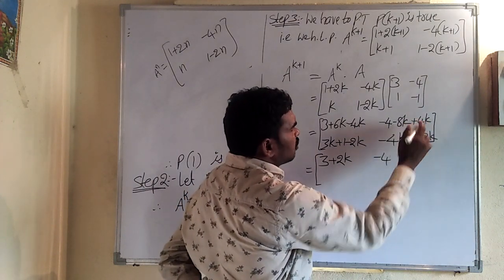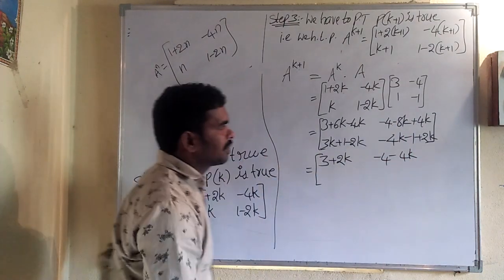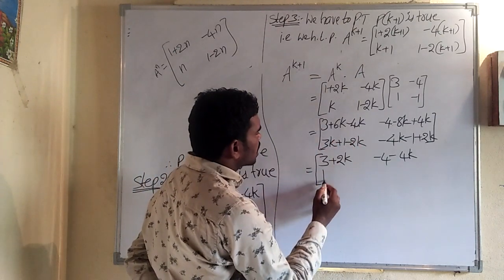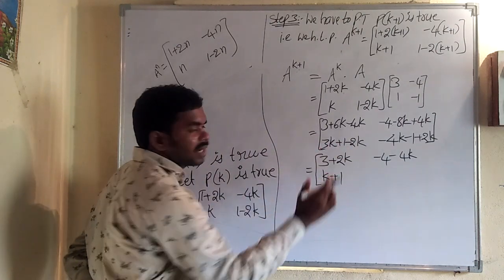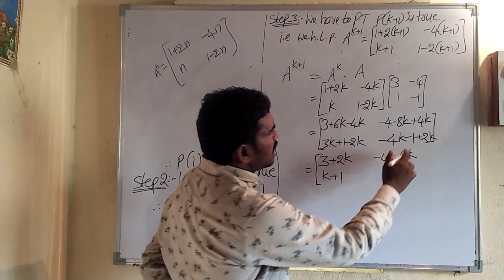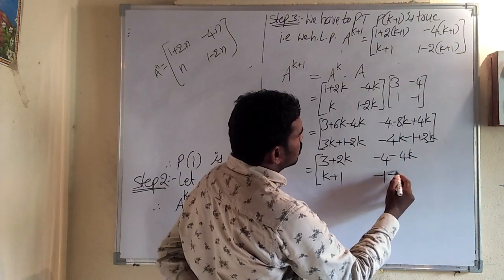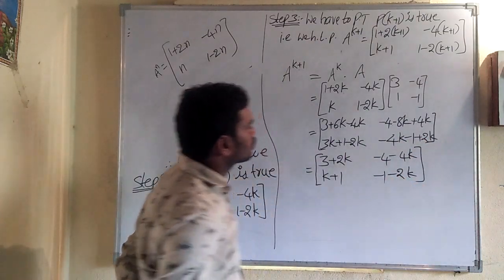Okay? 8 minus 4 is 4, but negatives are more, so it becomes minus 4k. And 1 is constant, write as it is. 3k minus 2k becomes 1k. And here minus 1 as it is. Minus 4k plus 2k, sorry, means 1 minus 2k.